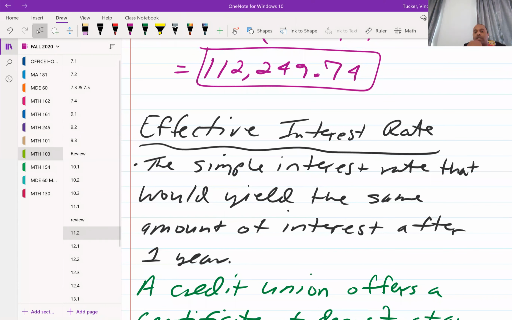All right. Effective interest rate: the simple interest rate that would yield the same amount of interest after 1 year. We're talking about how we find the effective interest rate.